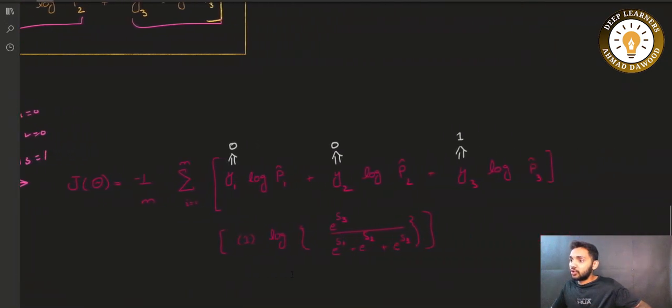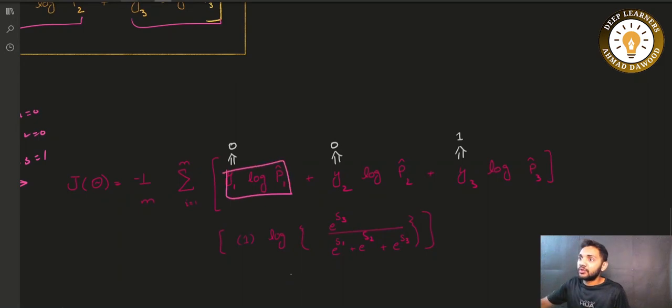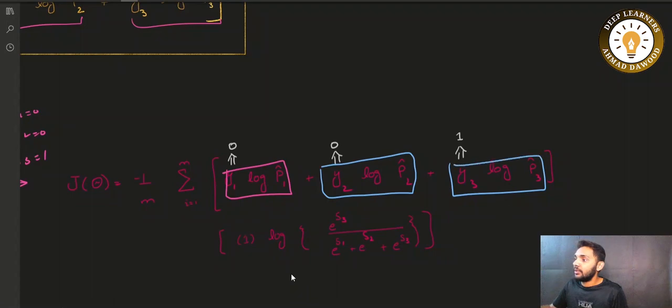So in this cost function, the first term will become 0 because y1 is 0, and the second will become 0 too, and only log of p3 remains. And p3, you know, is the probability equation: e raised to power s3 divided by e raised to power s1 plus e raised to power s2 plus e raised to power s3.